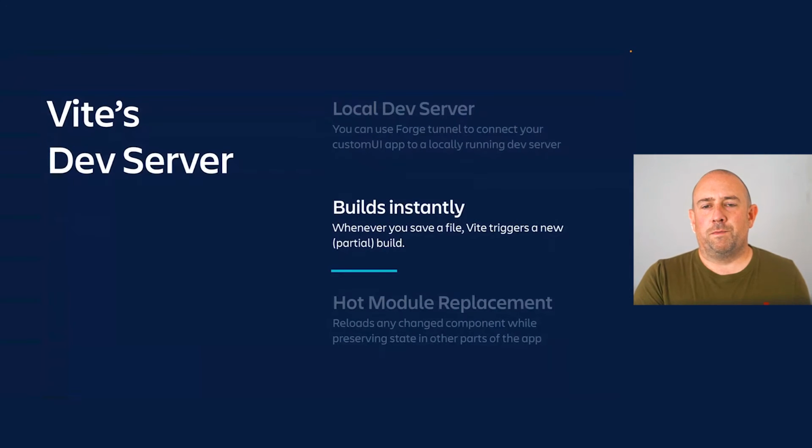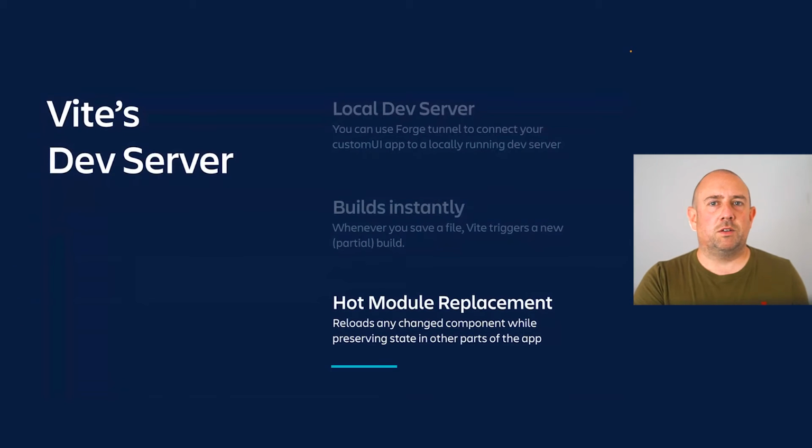Anytime you make a change to one of your files, Vite instantly rebuilds your application, or more specifically, it rebuilds all those parts of your application that need rebuilding, which in many cases is just that one file that you just edited. And it then triggers something called hot module replacement, meaning if you have your application open in a browser, it realizes a file has changed.